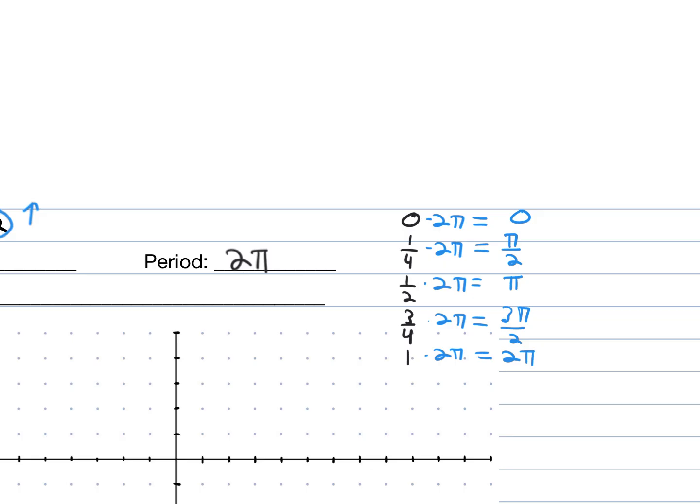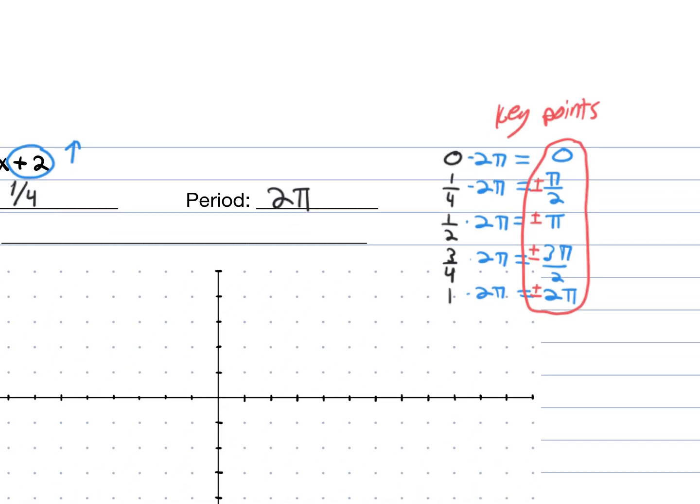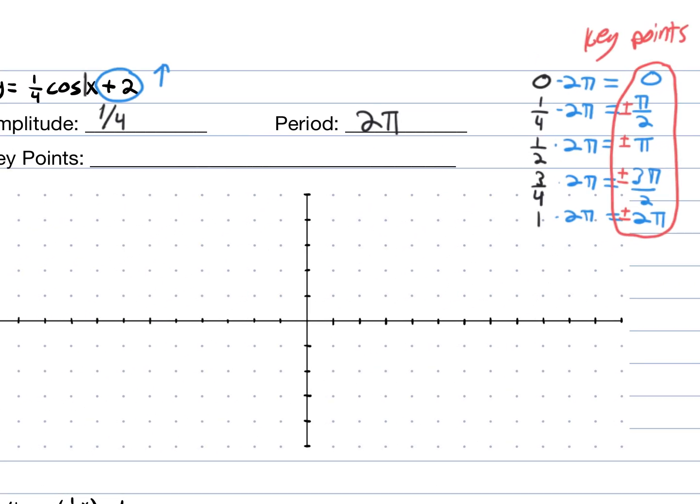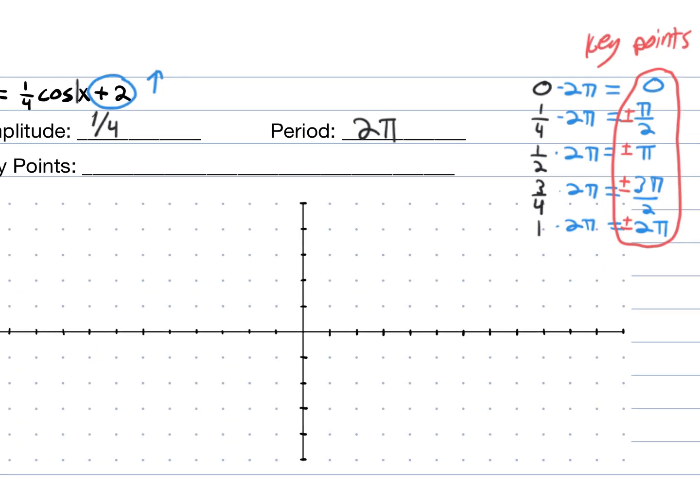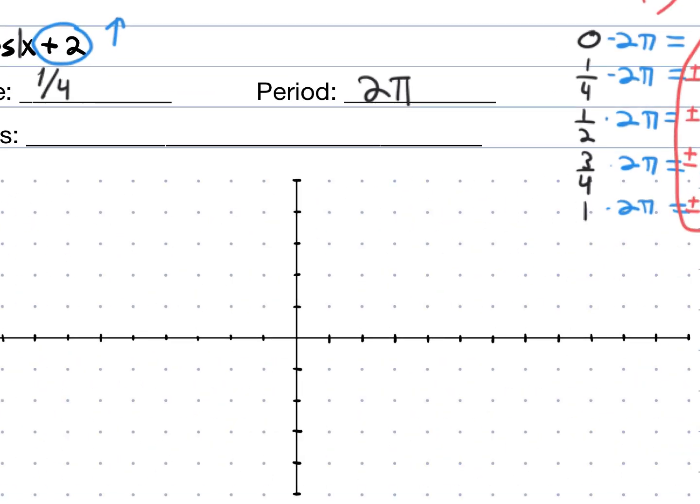Keep in mind you are going to have positive and negative points. So I'm just going to write a plus minus in front. And then these are going to be your key points. So I'm going to write key points. Okay. Now let's label this on our graph. Again, doesn't really matter how you label it.